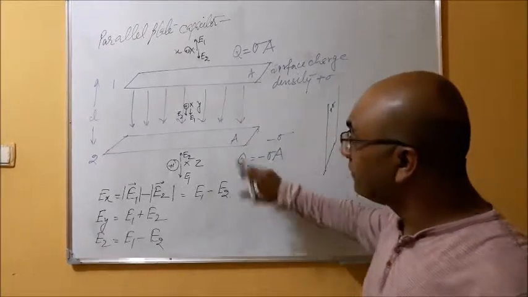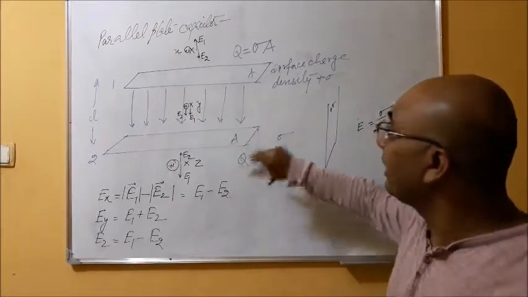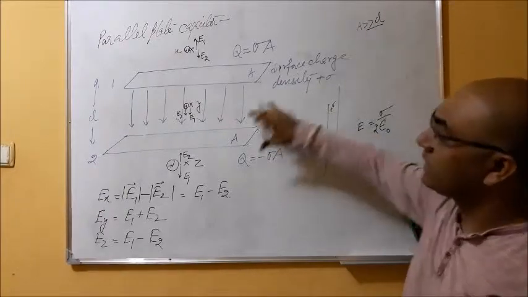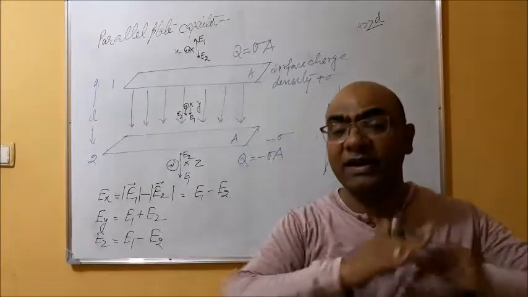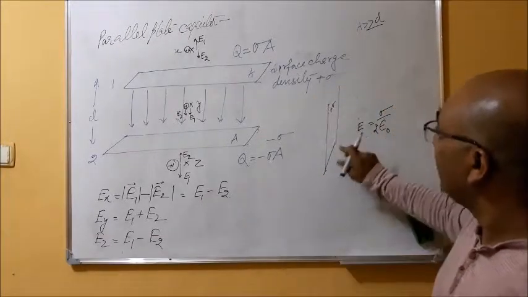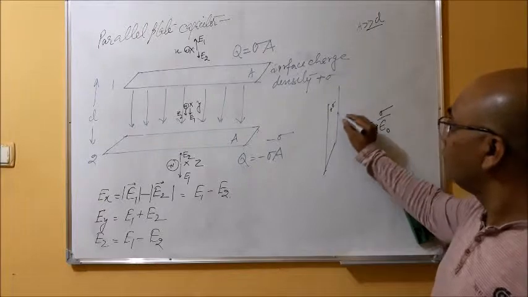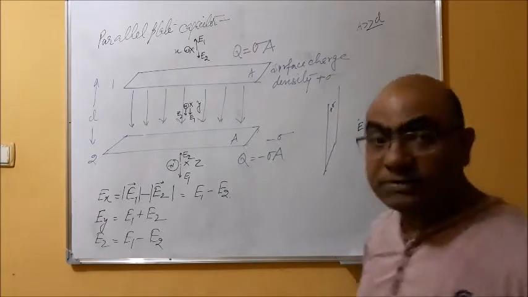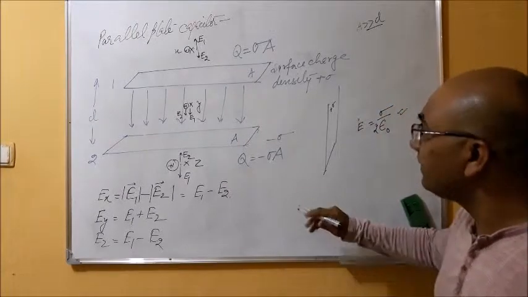In the beginning we took A to be very much greater than D, so we can consider it an infinitely long parallel plate, and hence the electric field at any point near this parallel plate is given by the formula sigma upon 2 epsilon naught.